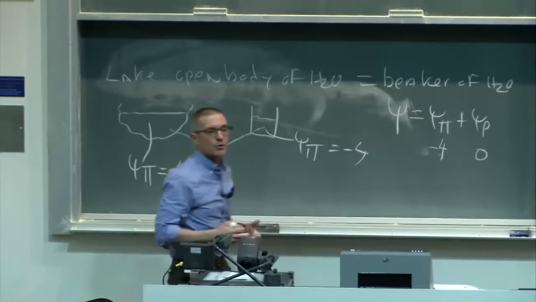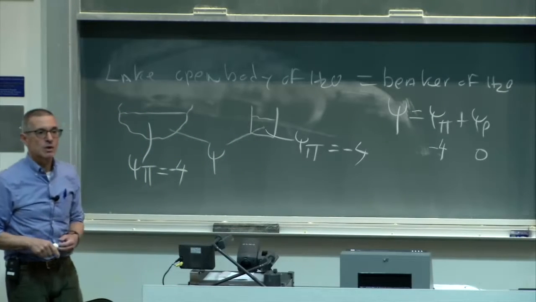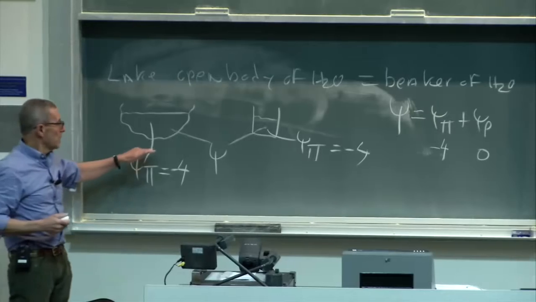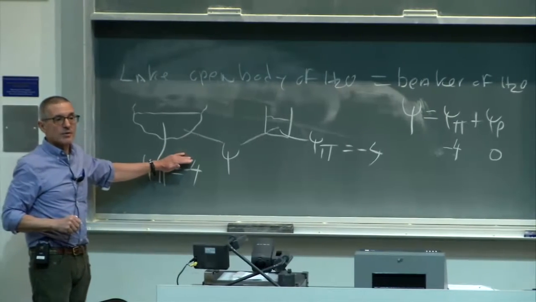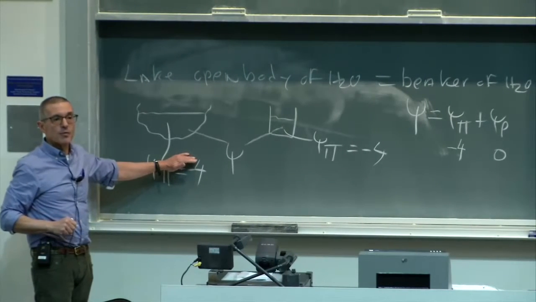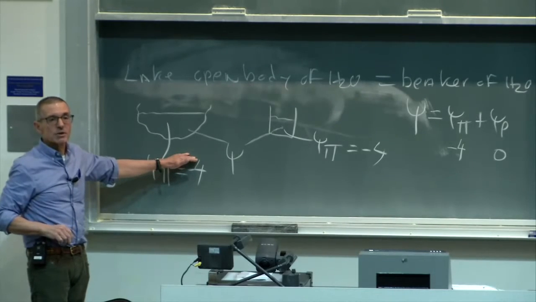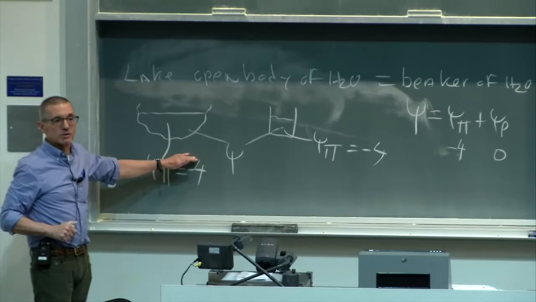Because you cannot increase the pressure, nor can you put this liquid under tension. So for the problem set, when you are examining the questions regarding the open body of water, keep in mind that we are very easily able to calculate the water potential knowing just the solute potential, an important point.